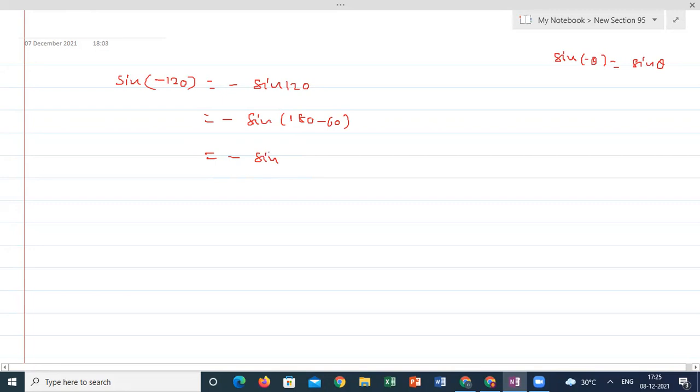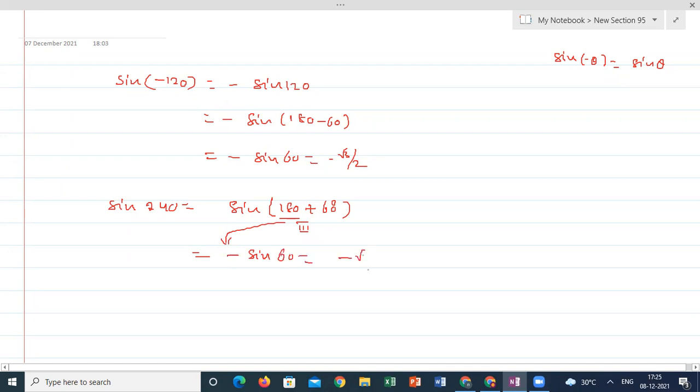Second quadrant will give the positive sign, so sine 60. The answer is minus root 3 by 2. If I am taking sine 240, it will be sine of 180 plus 60. 180 will give the same ratio. It is in the third quadrant, which will give the negative sign, because sine is negative in the third quadrant, sine 60. So minus root 3 by 2. Is it clear what I'm saying, Raghav? Yes, sir.